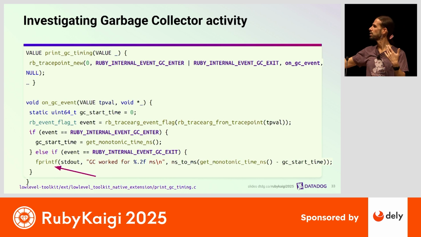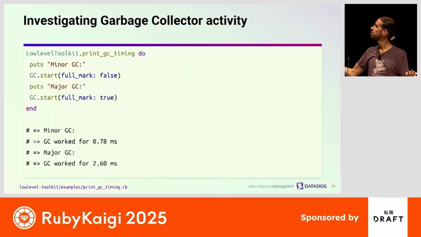In this case, we're printing this directly to the standard output. So whenever the garbage collector runs, we get a very simple print saying the garbage collector ran and it took this amount of time. And that's all we needed to build the print GC timing tiny tool.